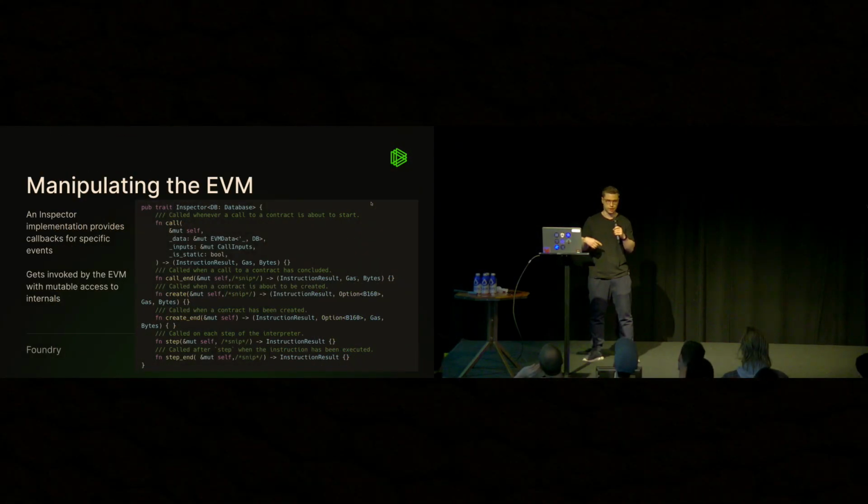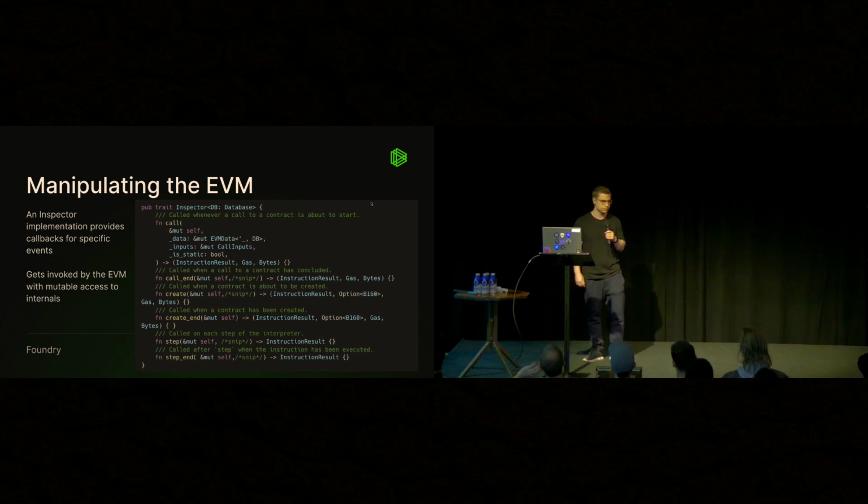So this is how you can update the block timestamp when warp is called, for example. Or you can do some more advanced things like network forking via Solidity code, which will swap out the entire state during execution.